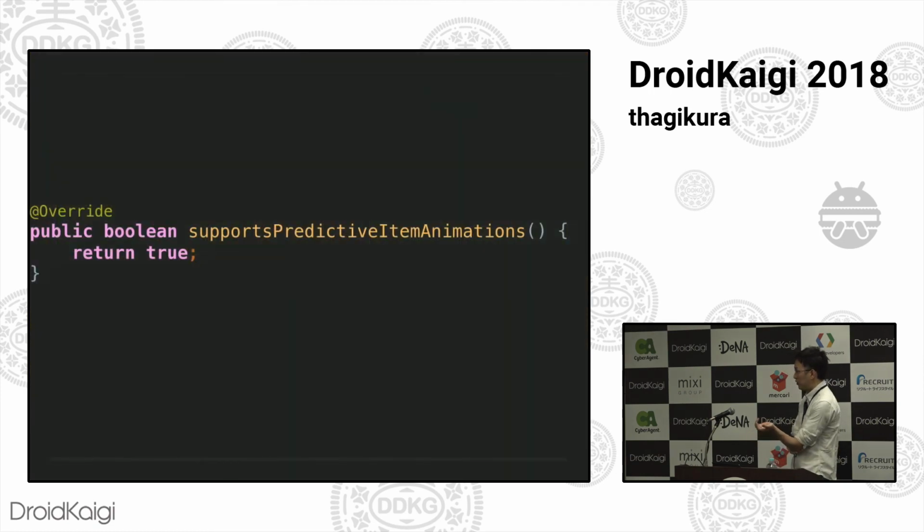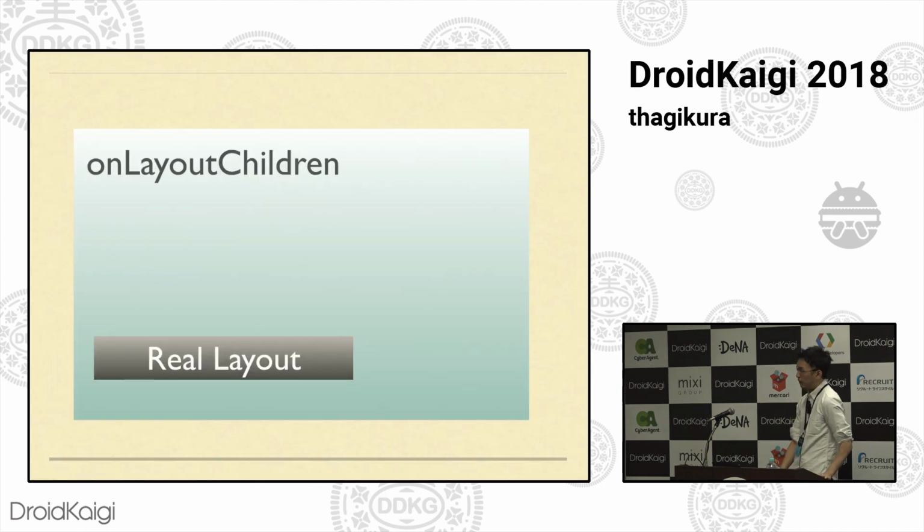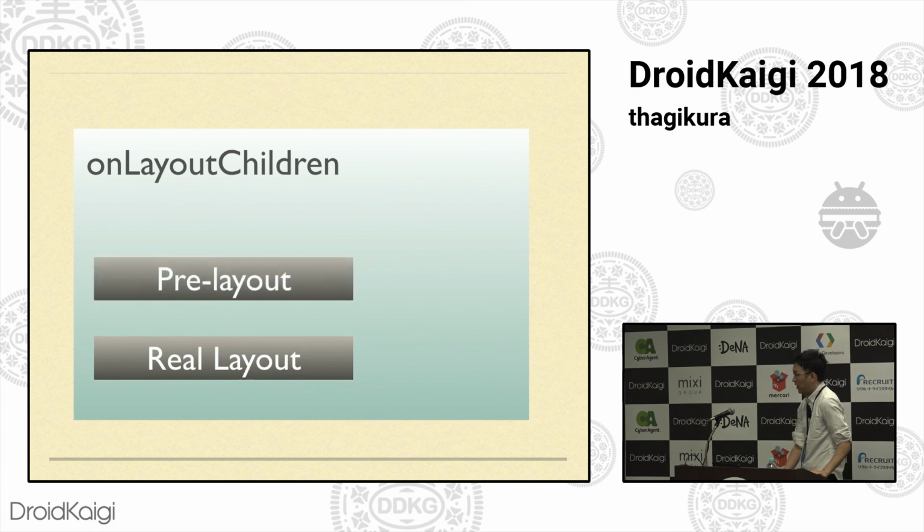Then to support this behavior, first you need to return true in the method called supportsPredictiveItemAnimations. Then you need to change the onLayoutChildren to do pre-layout in addition to the real layout. Real layout means what I explained earlier.